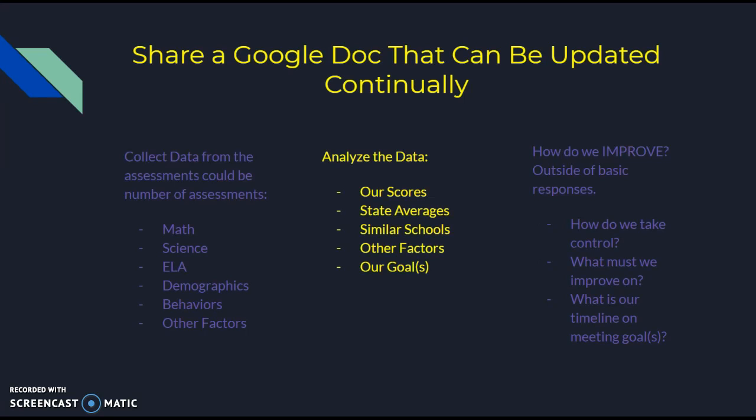So looking at our scores compared to state averages, compared to similar schools, looking at what factors may be affecting our scores. So going back to demographics or free and reduced lunches, kids that we notice aren't eating breakfast at school, and we know that they're probably not eating breakfast at home, whether that be through just talking to the kid or having experienced maybe a sibling in the past.